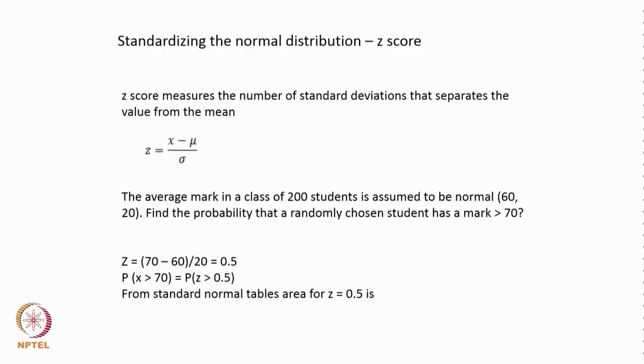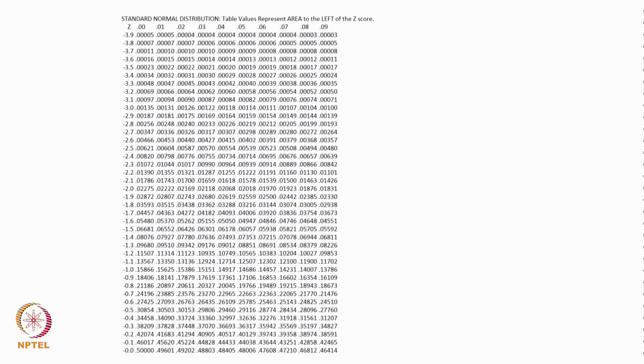So, now what did we do here? Somewhere here we said now we have to find out what is the area for z equal to 0.5. Before we do that, let us also understand something from the two tables. If you see carefully from the two tables, you realize that z equal to minus 3.9 is coming to z equal to 0.